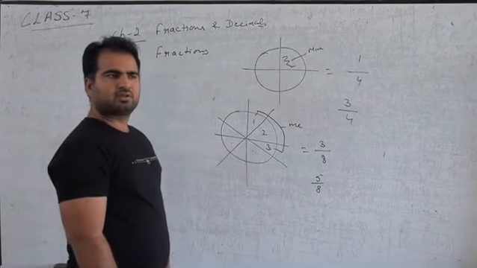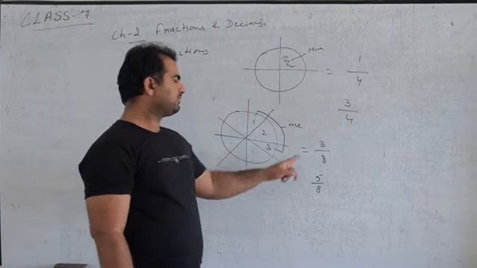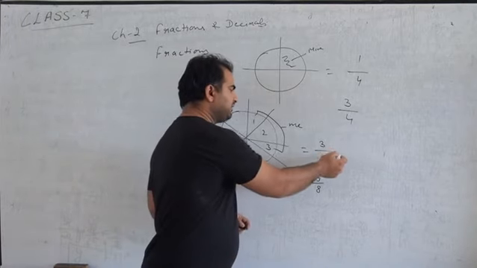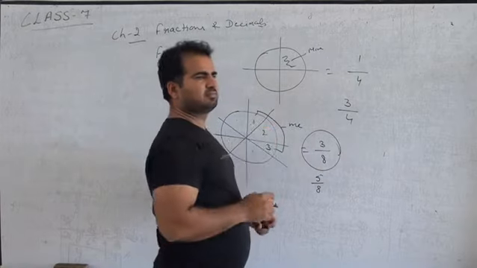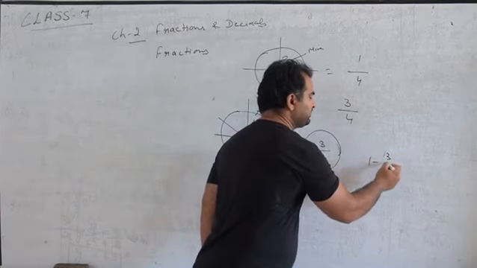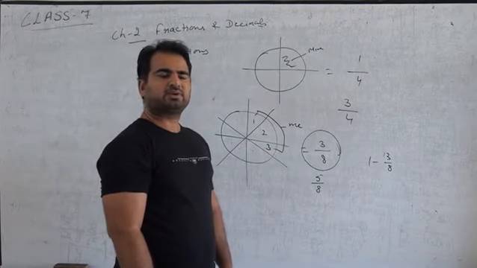Done. But there is another method to find out how much my friends have eaten. If I have eaten 3 upon 8, then they must have eaten 1 minus 3 upon 8. Why 1 minus 3 upon 8?